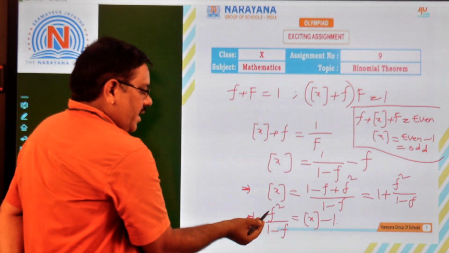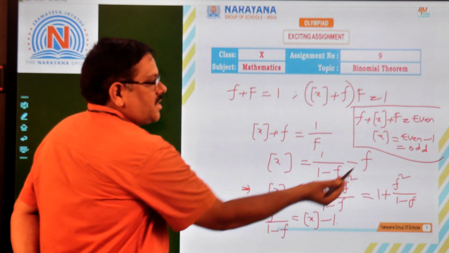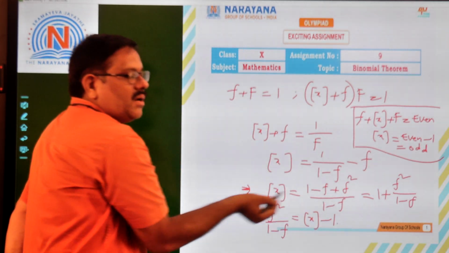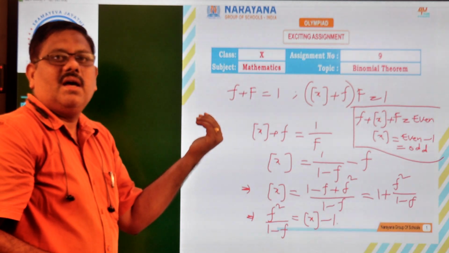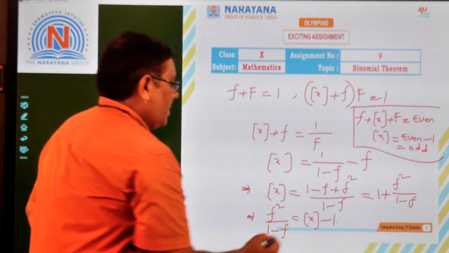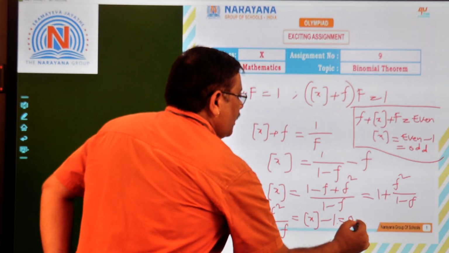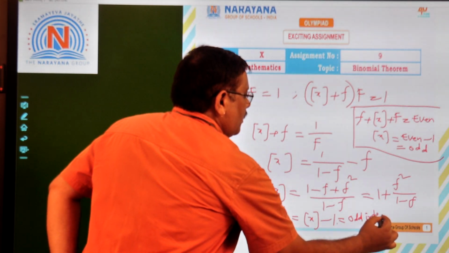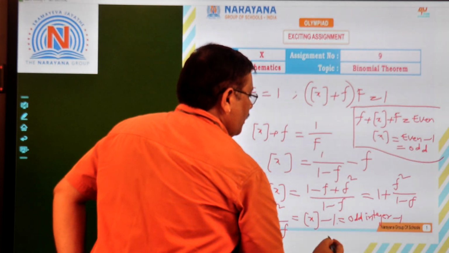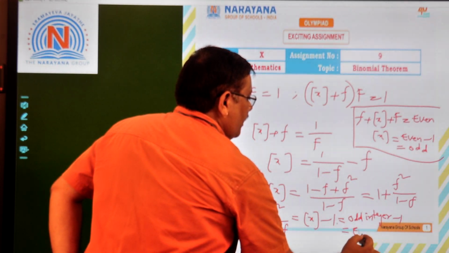So we have f square by 1 minus f is step x, step x is an odd number minus 1. Either odd number minus 1 or odd number plus 1 is always an even integer. So here it is going to be odd integer minus 1. So that is going to be an even integer.